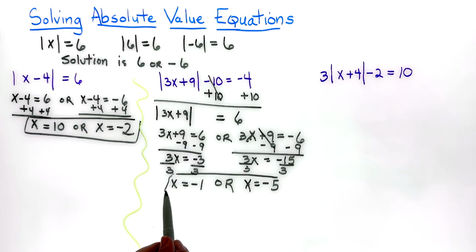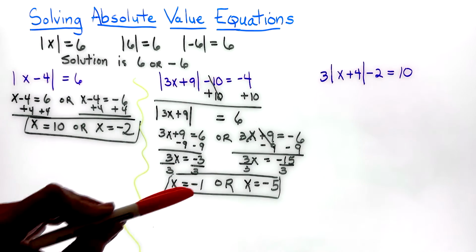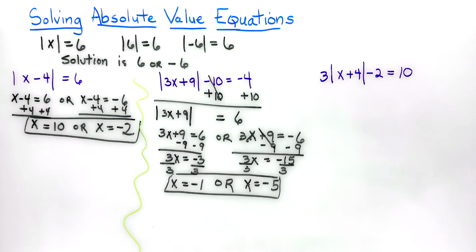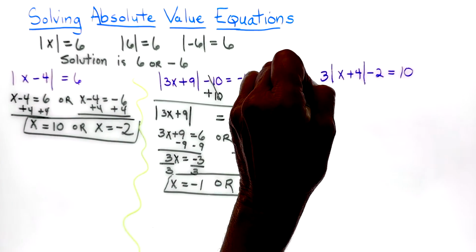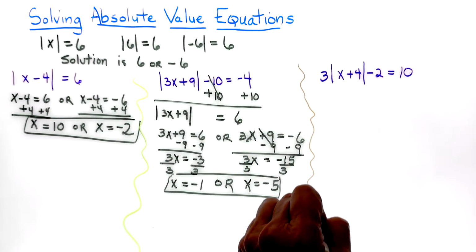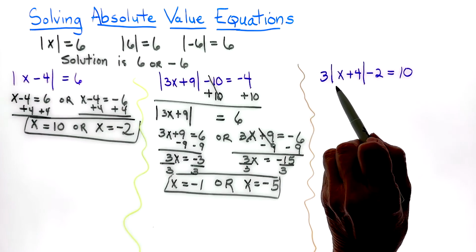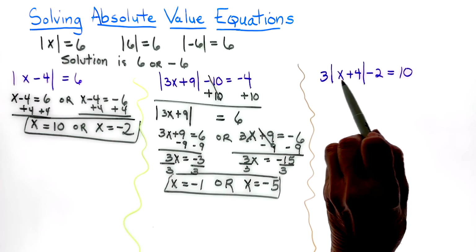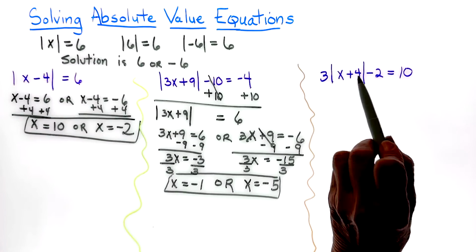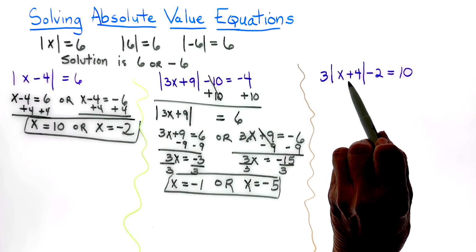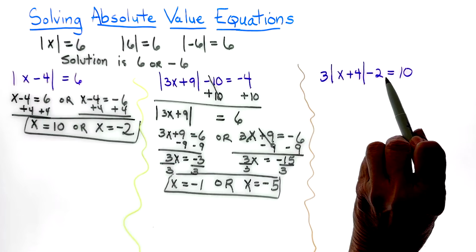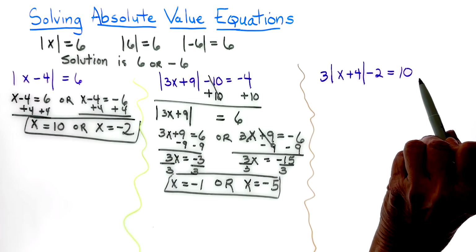There are my two solutions, and you can always check them just by substituting the numbers into the equation and seeing that it is true. All right, so now let's go to the last problem we have here to solve. Notice it has a 3 on the outside of the absolute value symbol. So this is 3 times the absolute value of x plus 4, minus 2, is equal to 10.